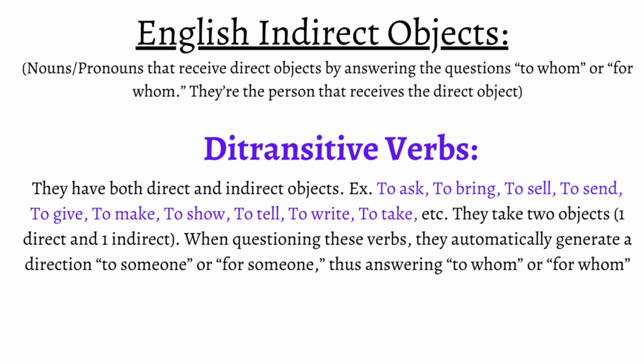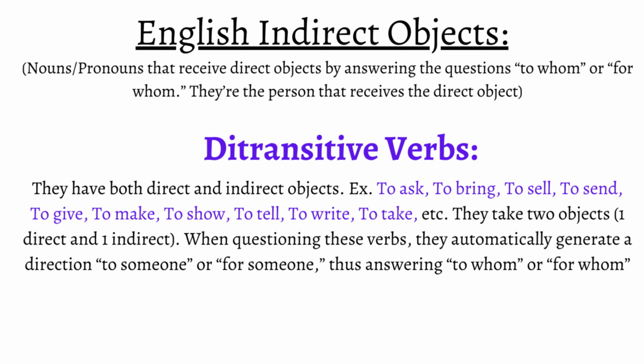These verbs include to ask, to bring, to sell, to send, to give, to make, to show, to tell, to write, to take, and more. Ditransitive verbs take two objects, one direct and one indirect, and therefore they work with both direct and indirect objects.